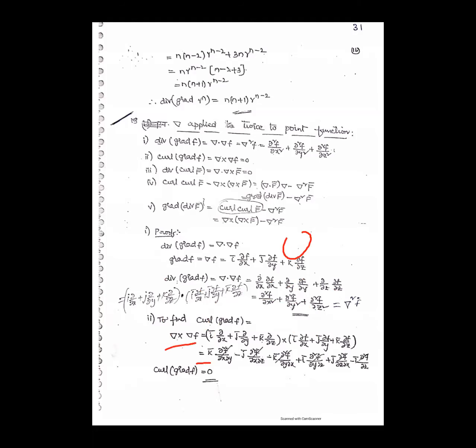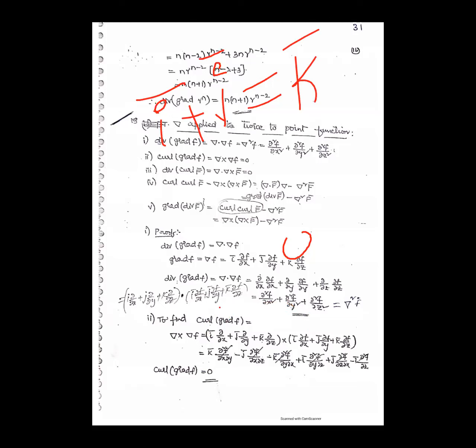Observe that the first value i cross i equals 0. The second value, i cross j, equals k. So first we write the coefficient vector k bar, then we multiply the coefficient terms. So dou by dou x of dou f by dou y, that equals dou square f by dou x dou y.